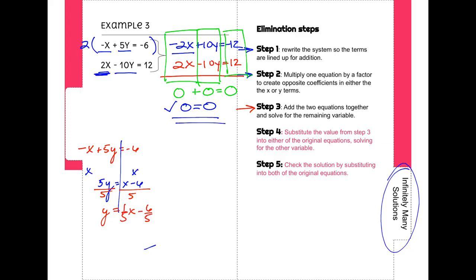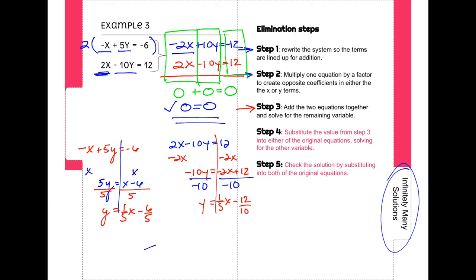Okay, let's try it with the second equation. 2x minus 10y equals 12. I'm going to subtract 2x from both sides. That leaves me with negative 10y equals negative 2x plus 12. Divide both sides by negative 10. It'll give me y equals 1/5 x minus 12/10.